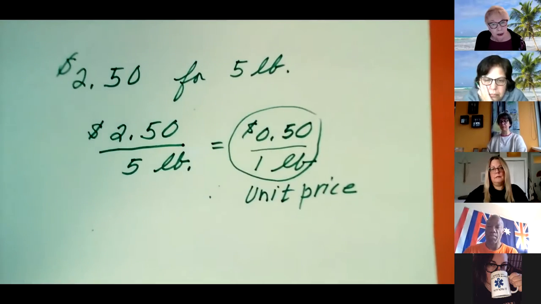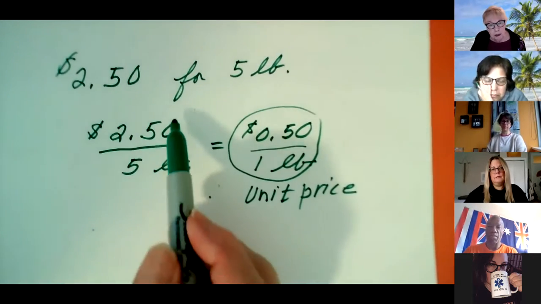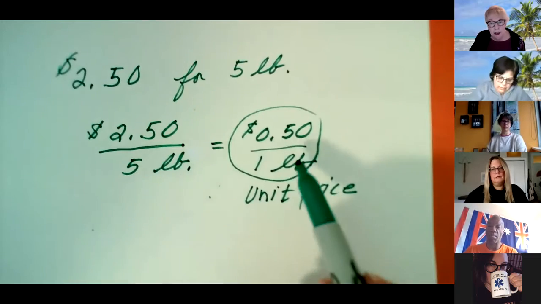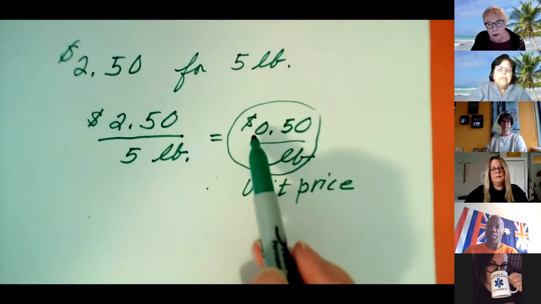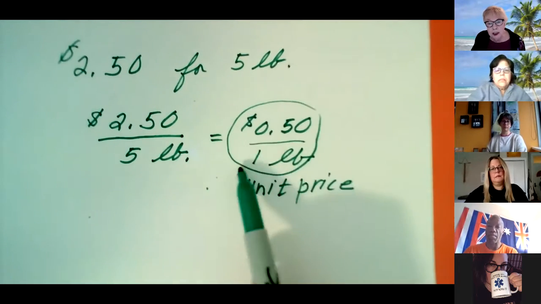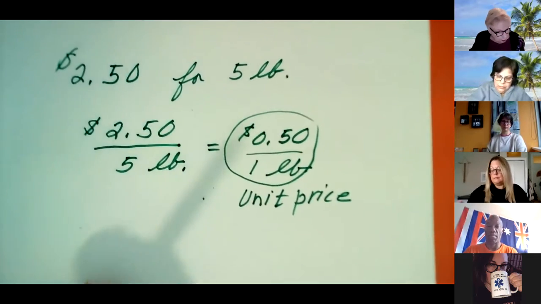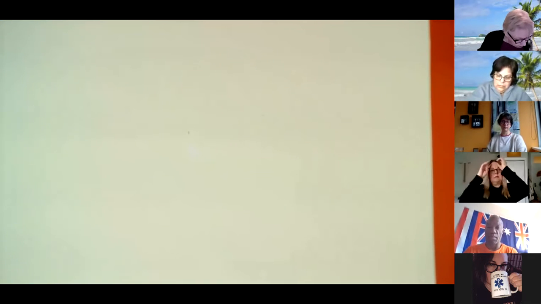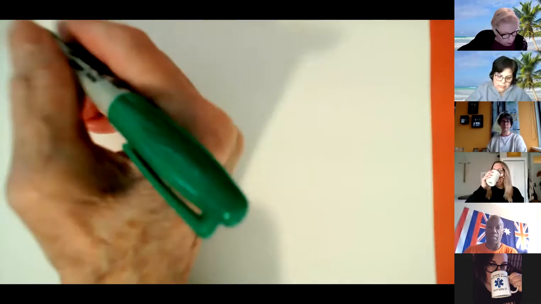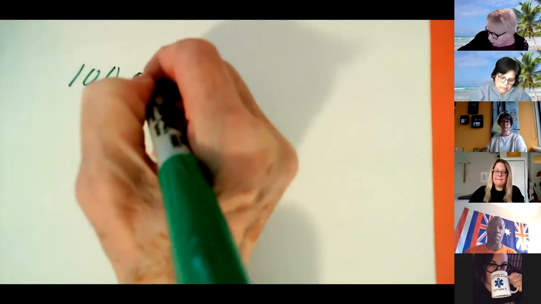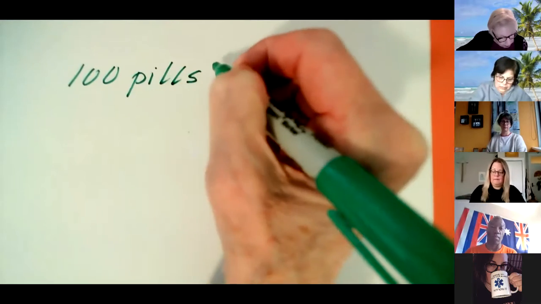So I think if you just remember that there's the number part to deal with and the unit. And so this is 50 cents per pound for 1 pound. I put the 1 in there just for emphasis. I think that will probably work out. What I wanted to do, oh, here's something, let's do this. This is 100 pills. I wonder what kind of pills they are.